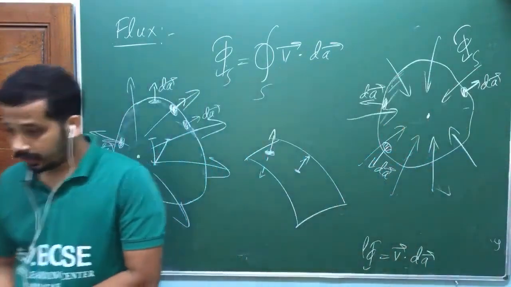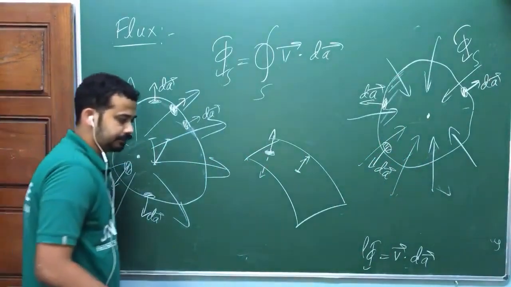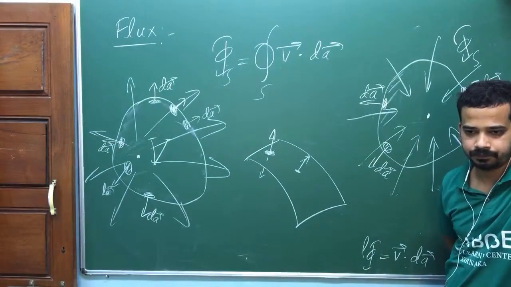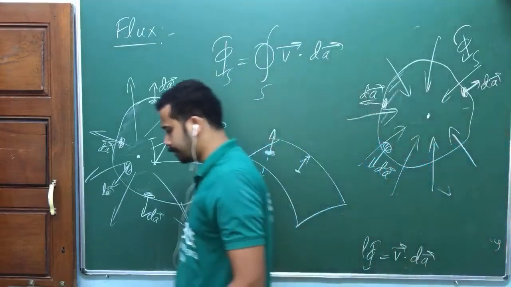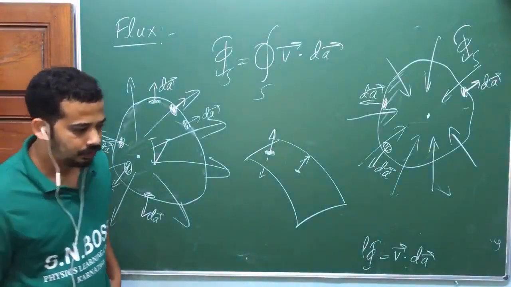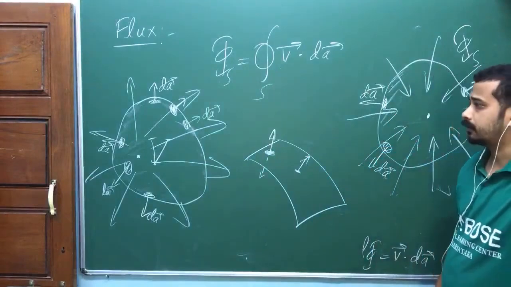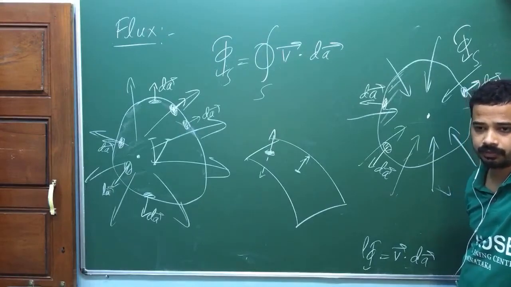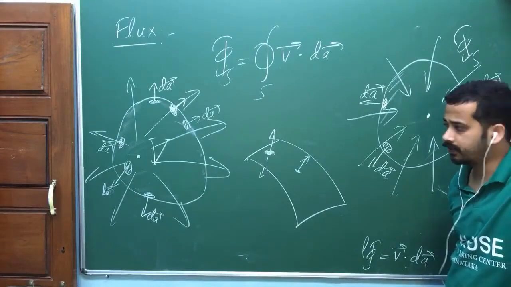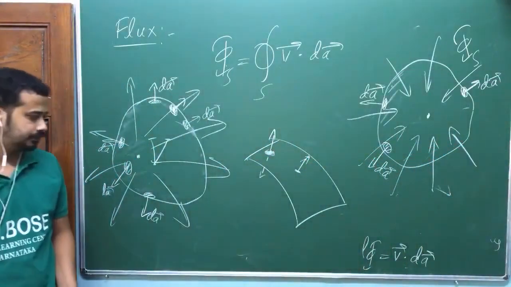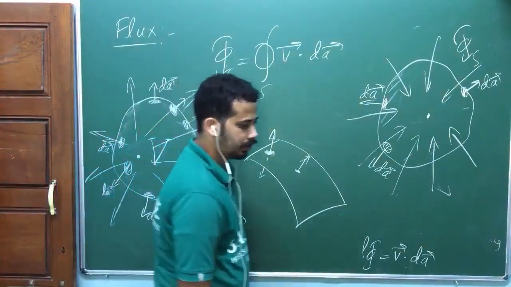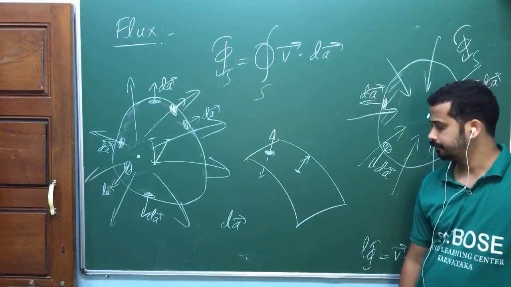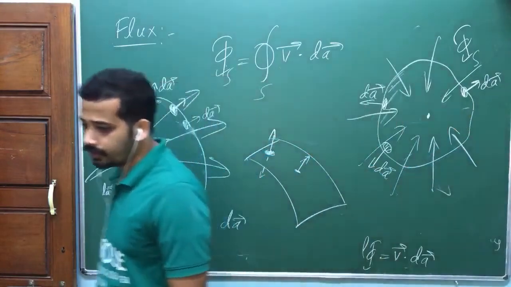In case of a closed surface area, to make outward flux positive and inward flux negative, we choose the dA vector outward from the region of the closed volume.